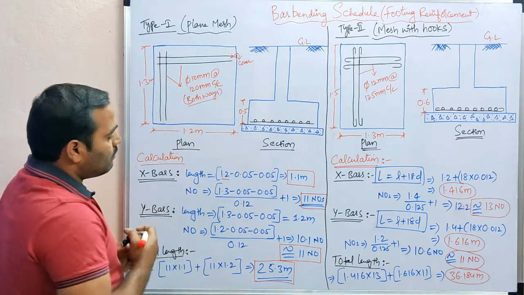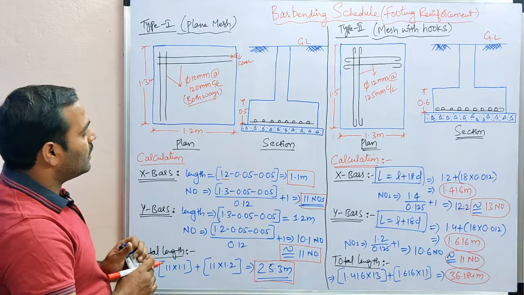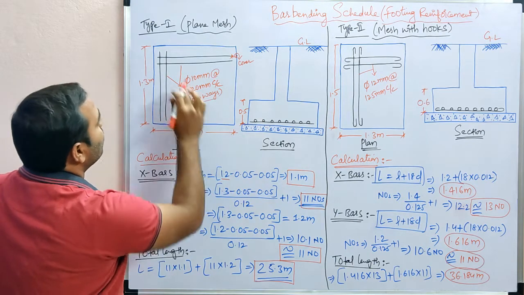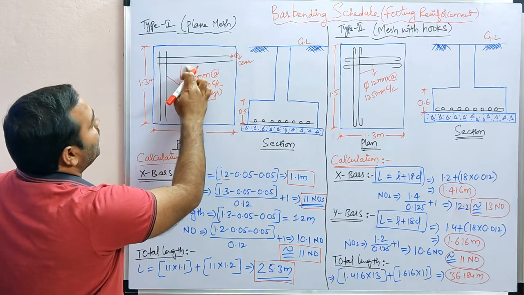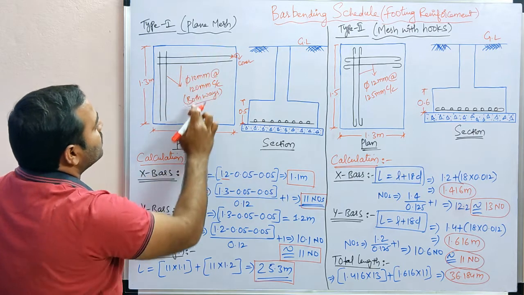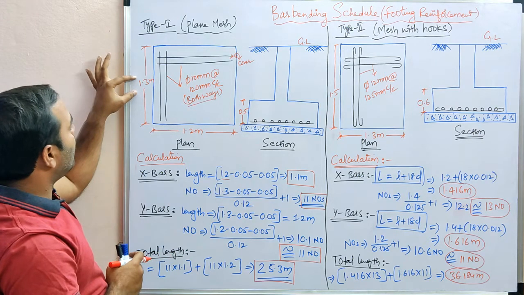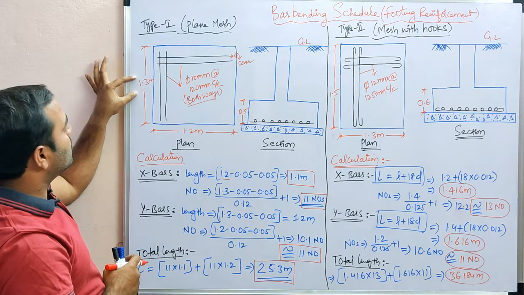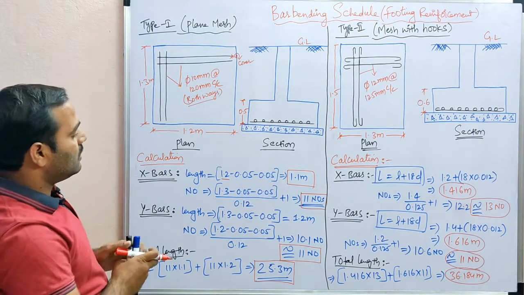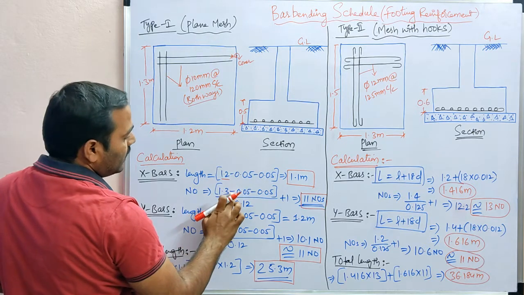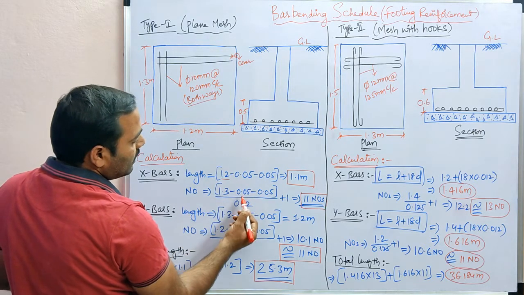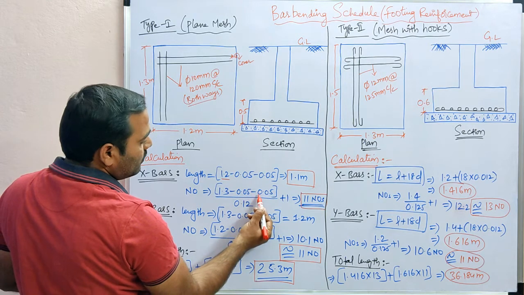Now coming to number of bars. How to find the number of bars? These horizontal bars are called x bars, and I need to calculate the number of bars which I need to place here. For this I have to take the opposite direction length. So 1.3 minus, same, we need to deduct the covers, 0.05, 0.05.